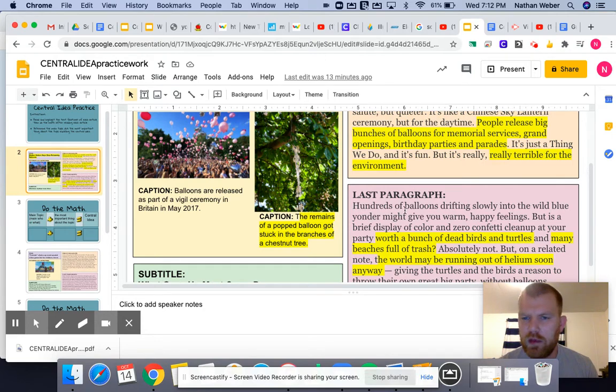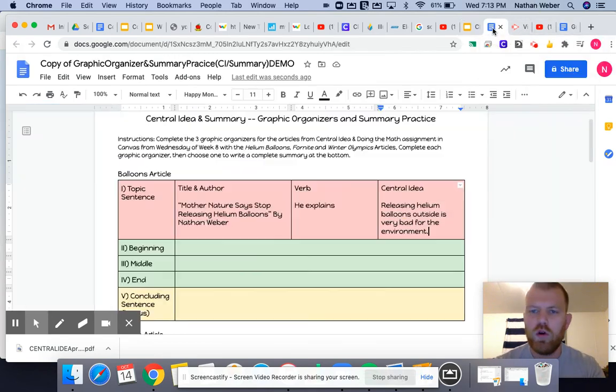And then if we keep reading, we come down to the last paragraph, and we see here that there's a bunch of dead birds and turtles and many beaches full of trash. So this is actually two separate details right here. So this can be our first detail, the bunch of dead birds and turtles. So we can go to our graphic organizer and put our first detail in.